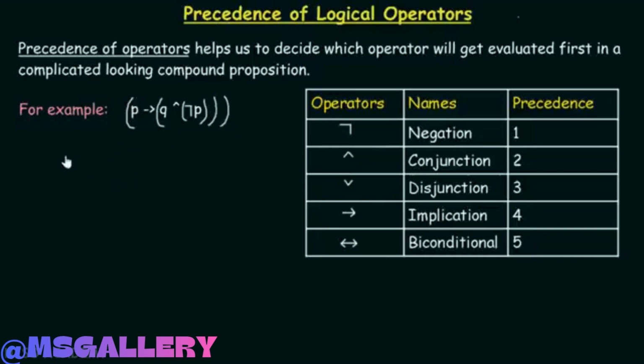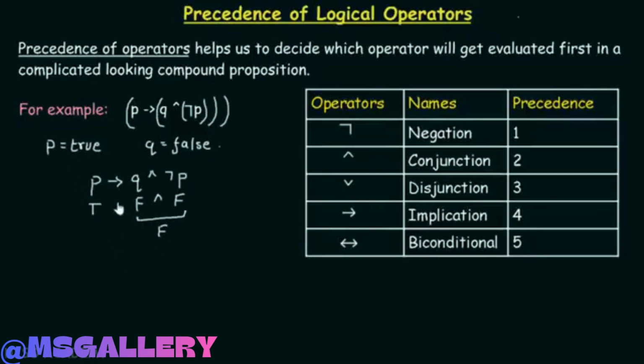Isn't that so? Let's say P is true and Q is false. Then, what would be the truth value of this compound proposition? Let me write this compound proposition once again. As P is true, therefore not P becomes false. And Q is also false, therefore false and false becomes false.